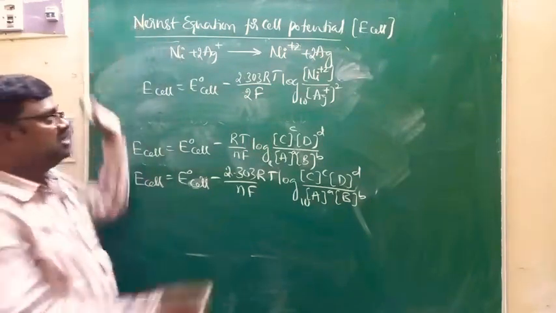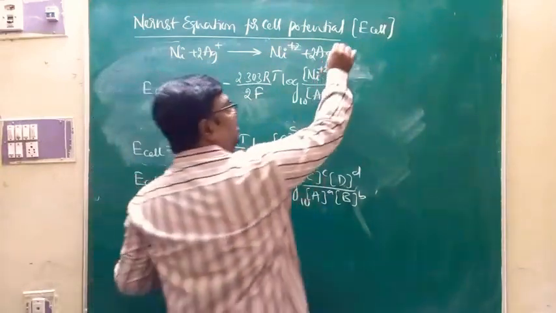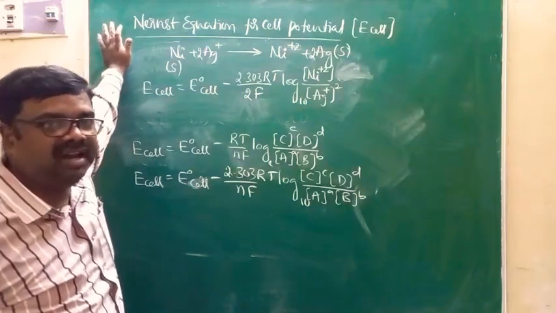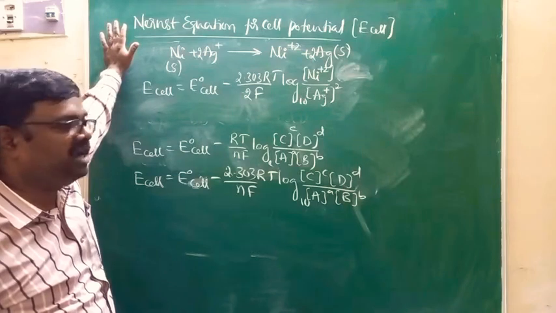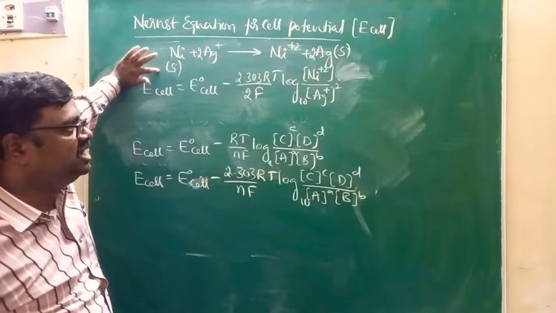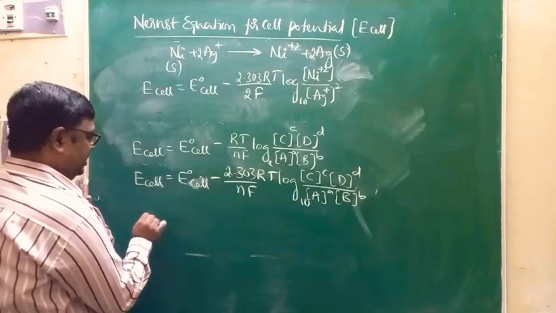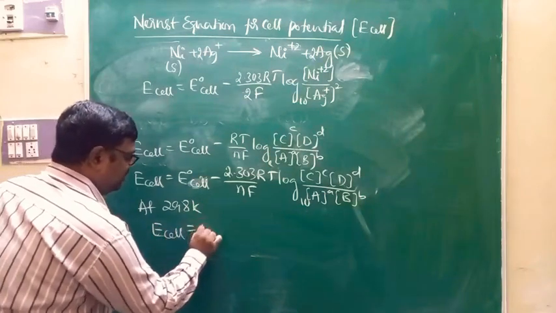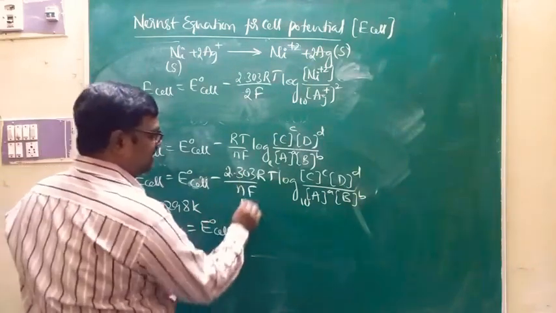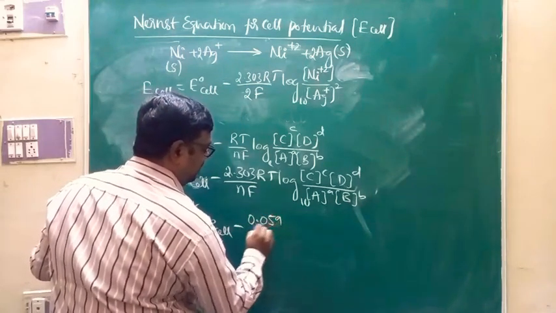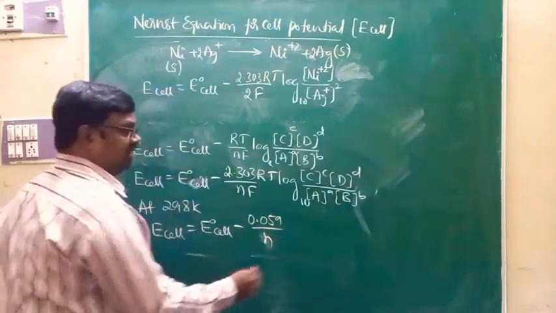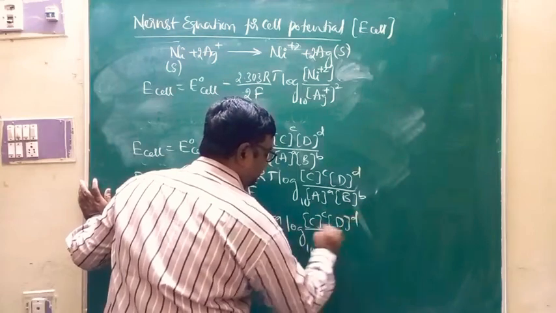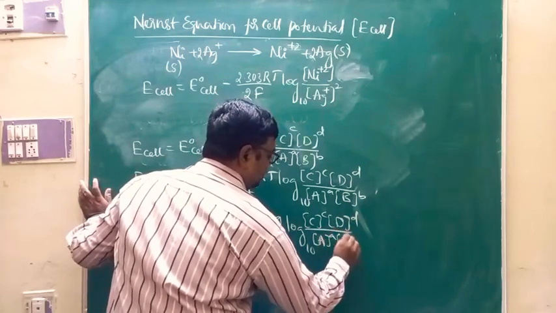You must take only the concentration of ions. If there are neutral particles or solid particles, the molar concentration of solids will be taken as 1. So we must take only the concentration of ions. Understood? This is what we call the Nernst equation for this reaction. Yes, you can write it like this as well. At 298 kelvin, what can we write? E of cell is equal to E naught of cell minus 0.0591 divided by n, then log to the base 10 of concentration of C to the power c, D to the power d divided by concentration of A to the power a, concentration of B to the power b.